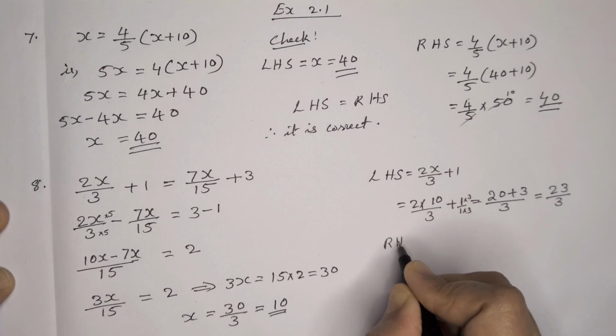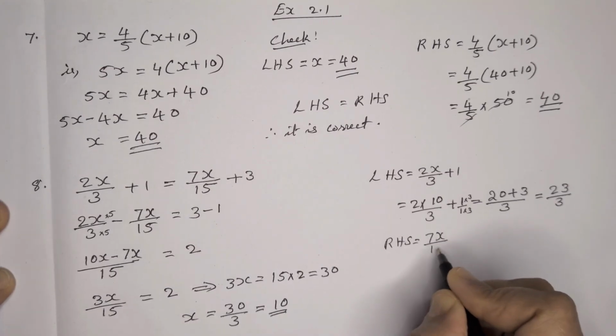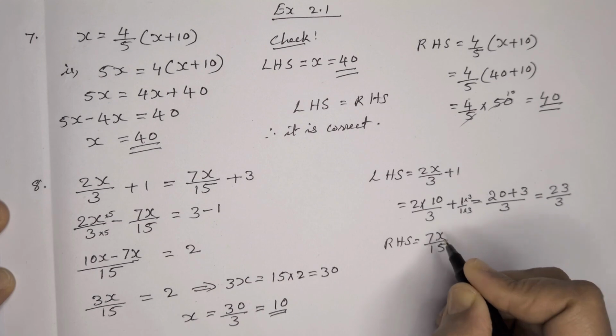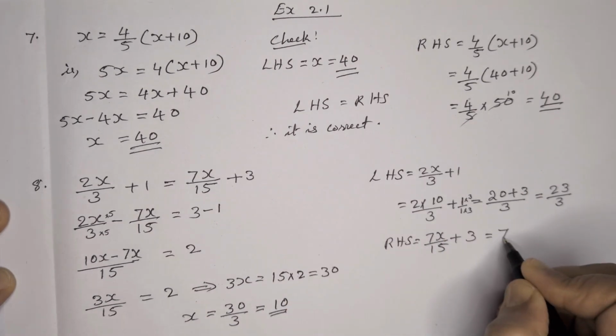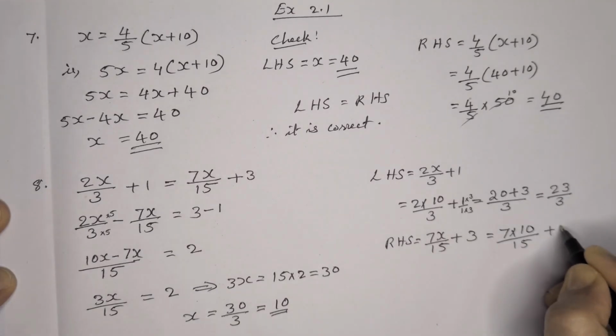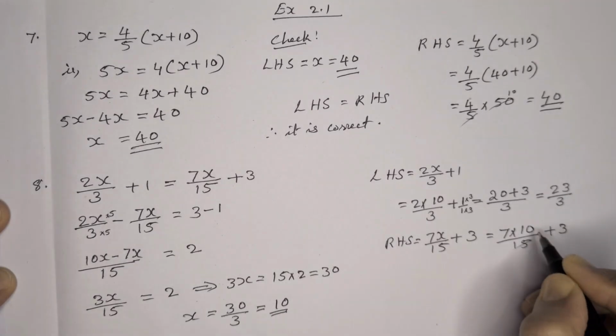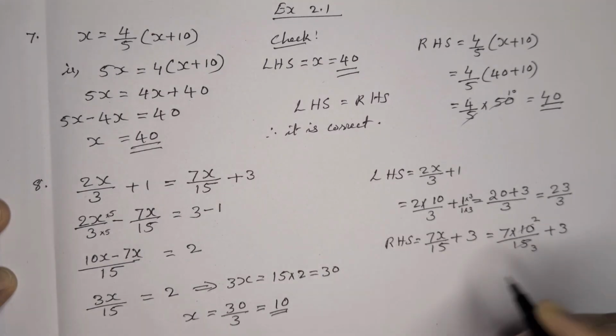Now RHS: 7x by 15 plus 3. That means 7 into 10 by 15 plus 3. 15 and 10 we can divide by 5. Here 2 times, here 3 times.